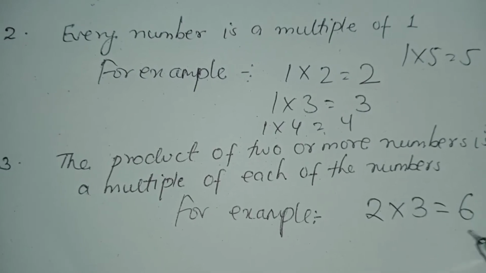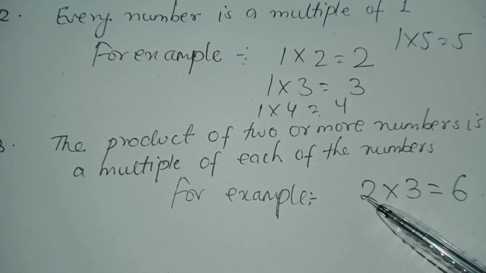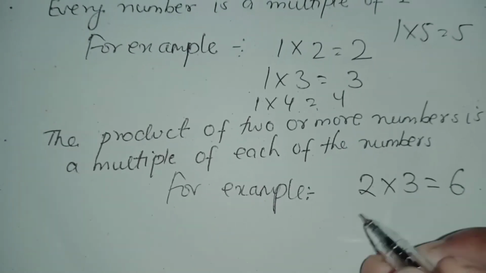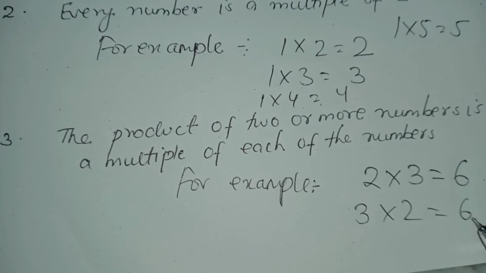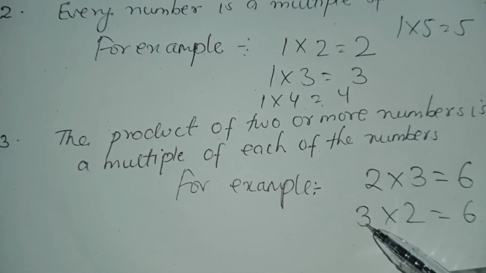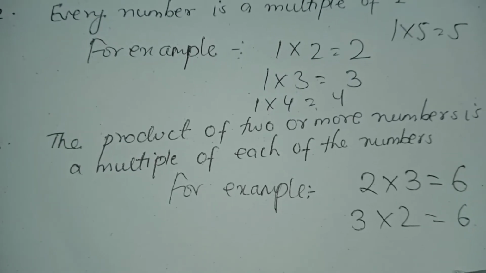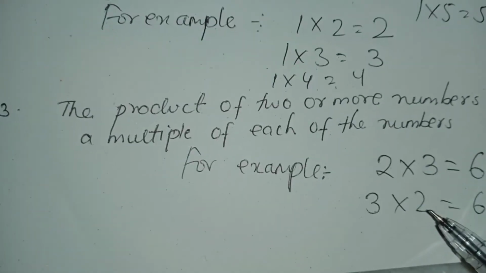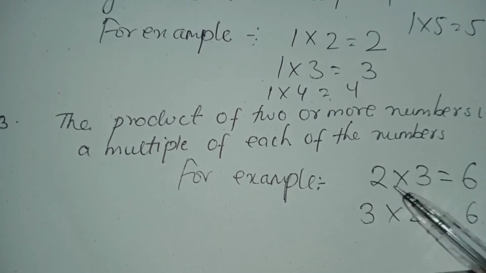So this 6 is the multiple of what? 2. 6 is the multiple of 2. Now if I change the order, 3 2 ja 6, you can see that 6 has become the multiple of 3 also. So what you have seen here is when 2 numbers are multiplied, that is 2 3 ja 6.